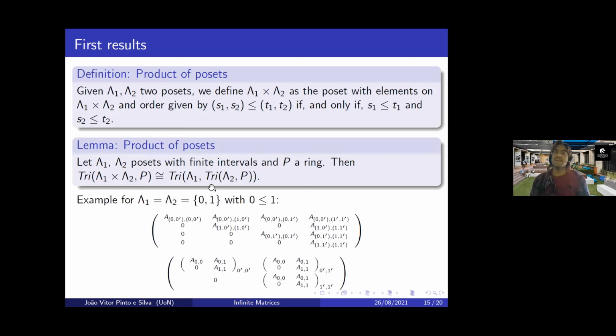And here again, with the same poset that we had before, is an example. The matrix above would be for Tri({0,1} x {0,1}), and the one below would be Tri({0,1}, Tri({0,1}, P)). So as you can see, each of the coordinates will be in Tri({0,1}, P), and after that you also index everything by {0,1} again.